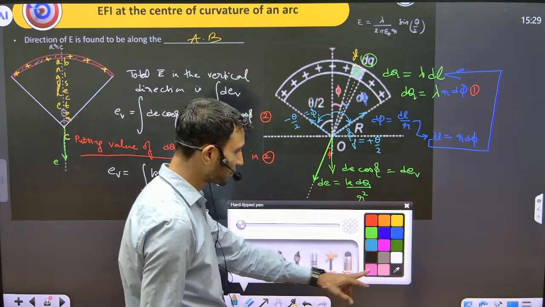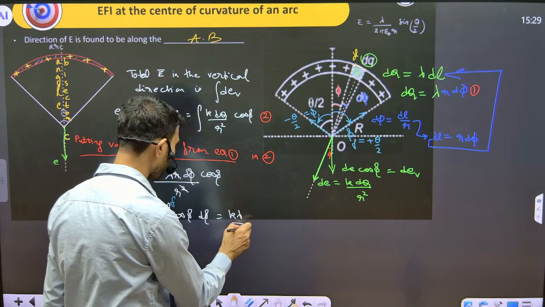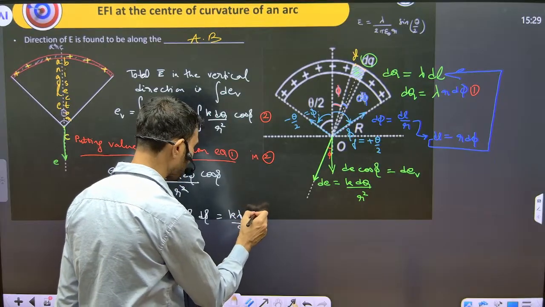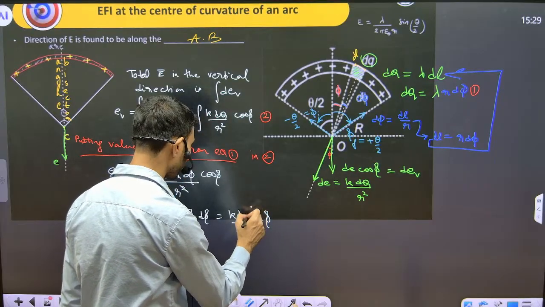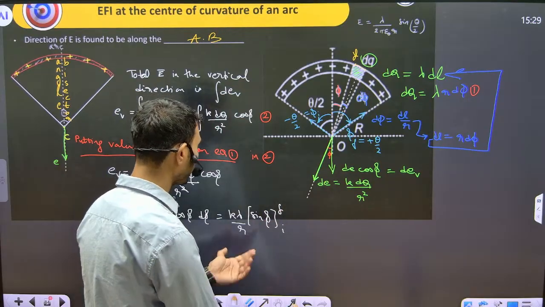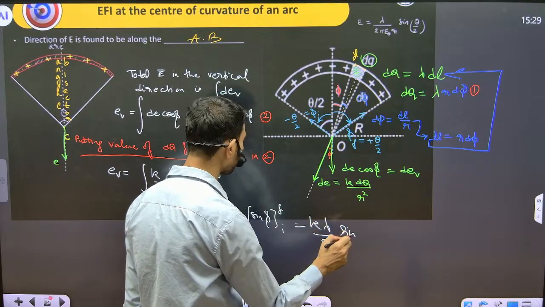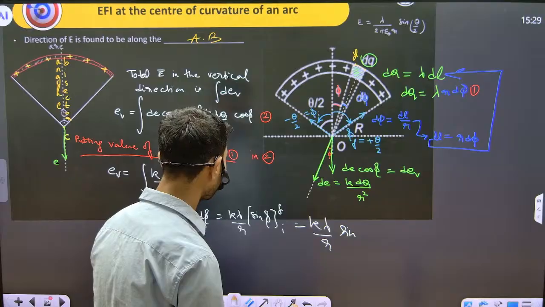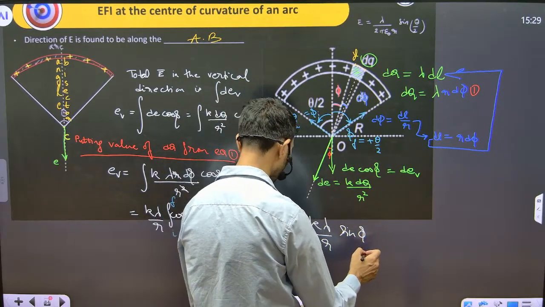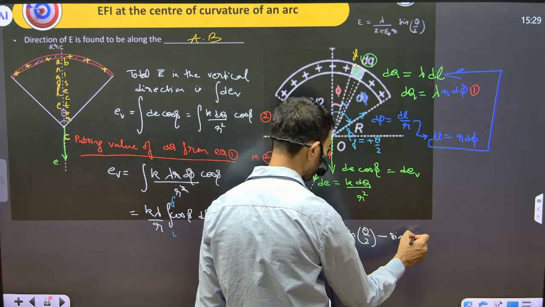And cos phi integration is what? What is cos phi integration? K lambda by r. Cos phi integration is sin phi, right? From initial to final. And then you can put in the values, and that will give you k lambda by r sine of final value, which is how much? Final value is theta by 2 minus sine of initial value, which is minus theta by 2.